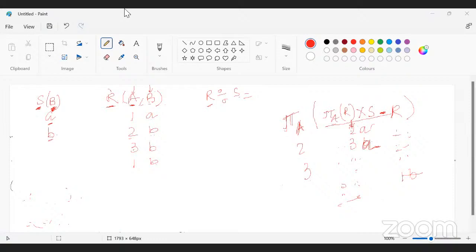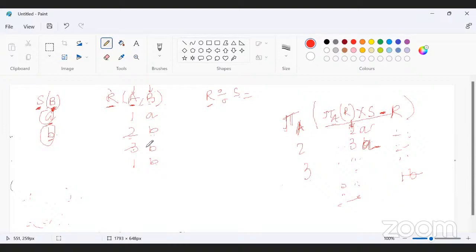These are qualified values, no, sir? No, these 2, 3 are the disqualified values. Means 2 and 3 have not taken all the courses available in the course table, right? So you can see 2 and 3 have not taken all the courses present in the course table. So A is missing for the 2 and the 3.